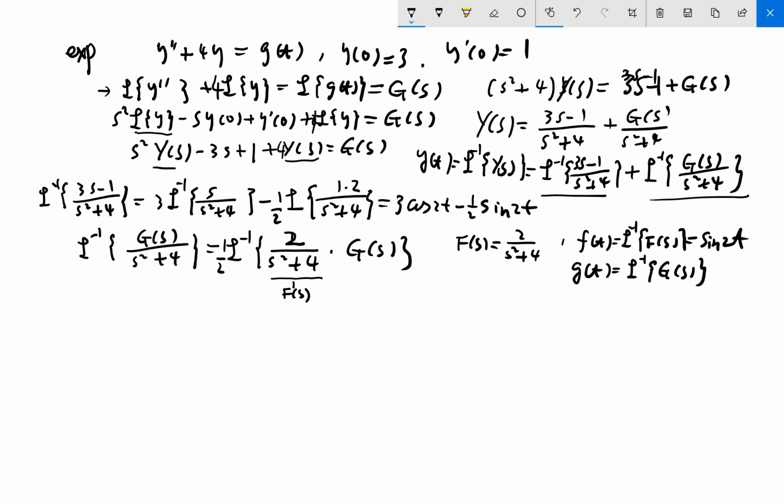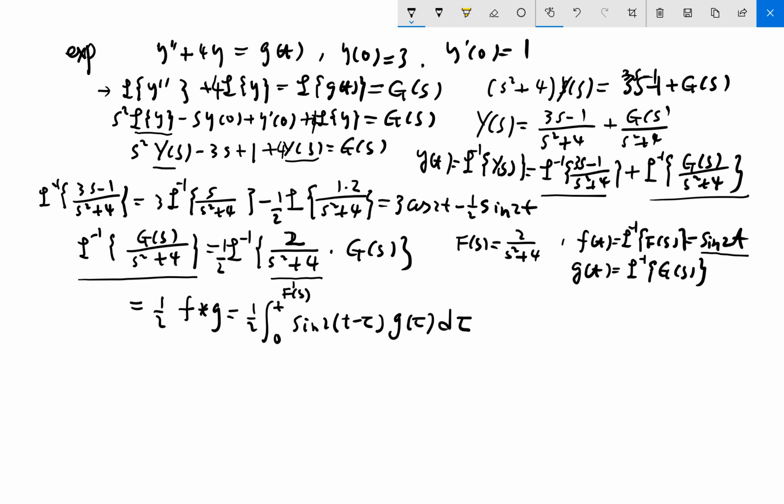Therefore, this one is equal to 1/2 f convolved with g, right? My f here, by definition, is the integral from 0 to t of f of t minus tau, where small ft equals that. So you get sine 2, replacing t by t minus tau, then g sub tau d tau. So we find the inverse Laplace transform of the second one.